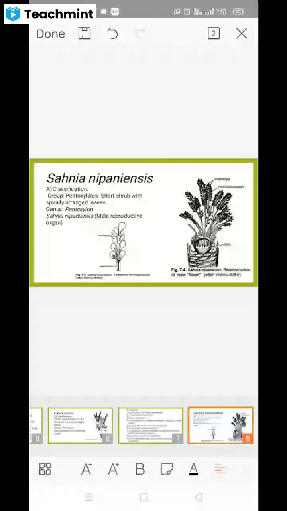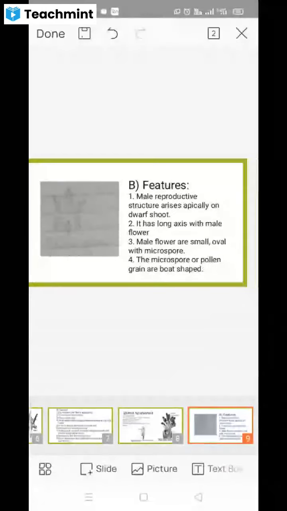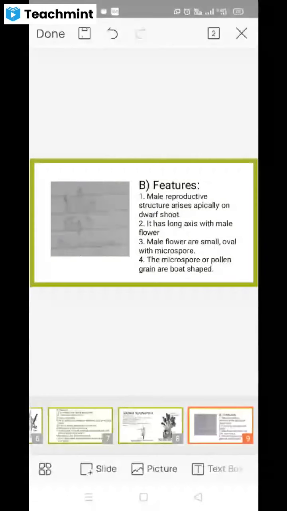They have a long axis with the male flowers. These male flowers are very small and oval in shape. In the male flower, the microspores or pollen grains are present, and the shape of the pollen grains is boat shaped. So this is all regarding the pentoxylon genera.